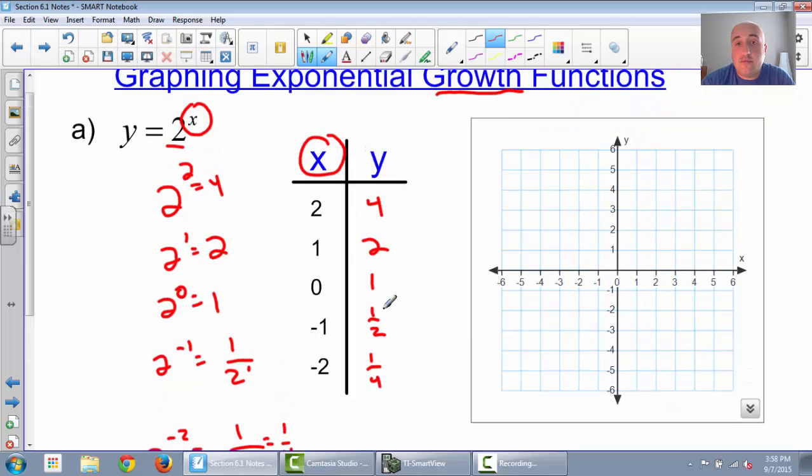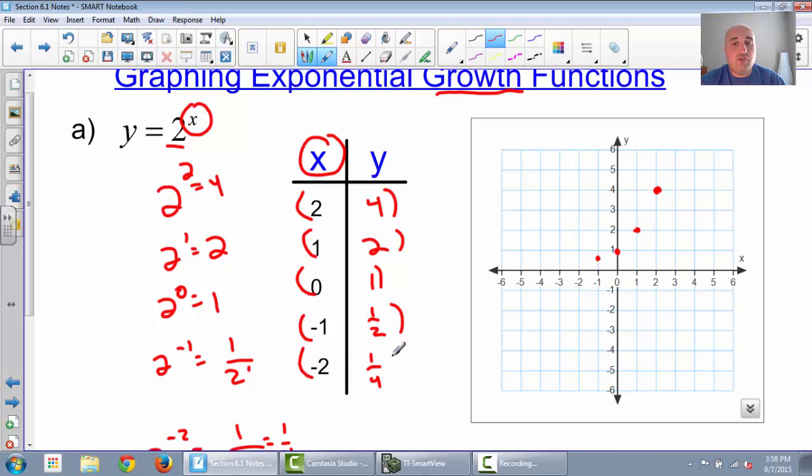Okay. Now what we basically do here is we start plotting these points. Our first ordered pair is 2, 4. So that's 2 to the right and 4 up. So there's 2, 4. Our next ordered pair is 1, 2. 1 to the right, 2 up. 0, 1. So that's 0 left and right, and 1 up. Negative 1, 1/2. So 1 to the left and about a half up. So that's about right there.